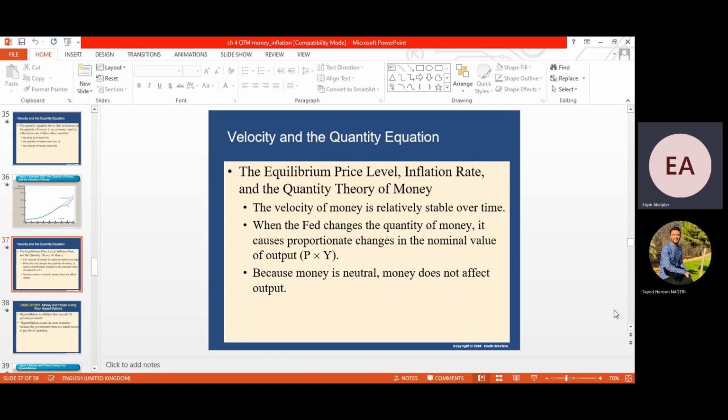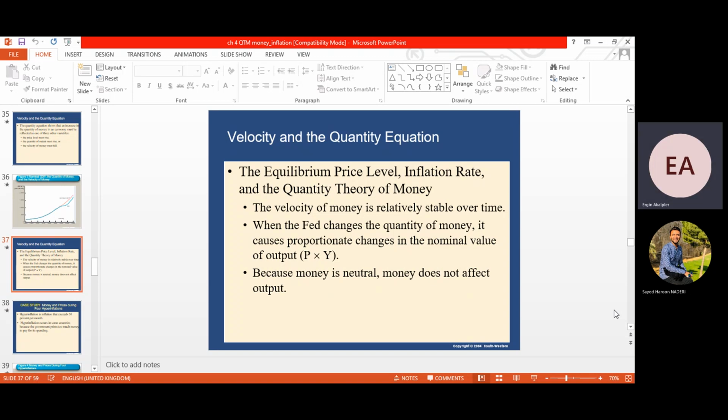Here it is the Federal Reserve System of America, which is the central bank of the country, that is affecting and changing the quantity of money, which means the money supply is dependent on the central bank's activities, and it is supposed to be fixed.